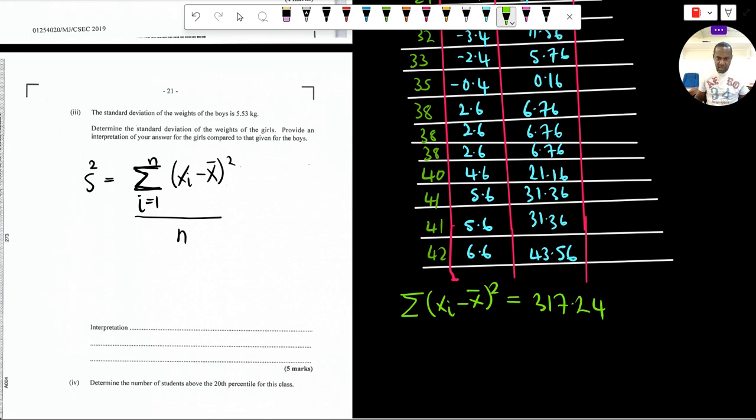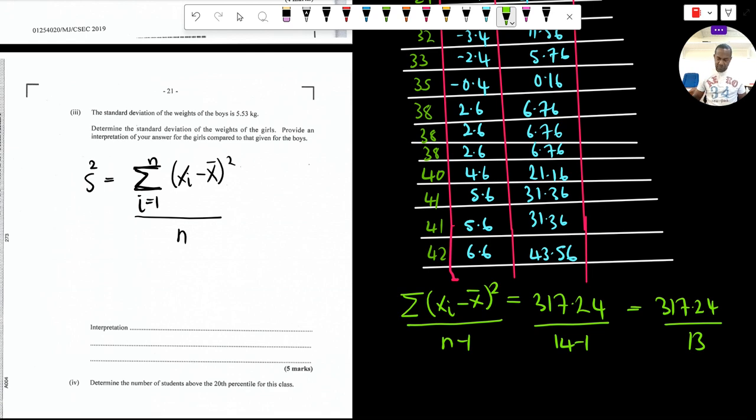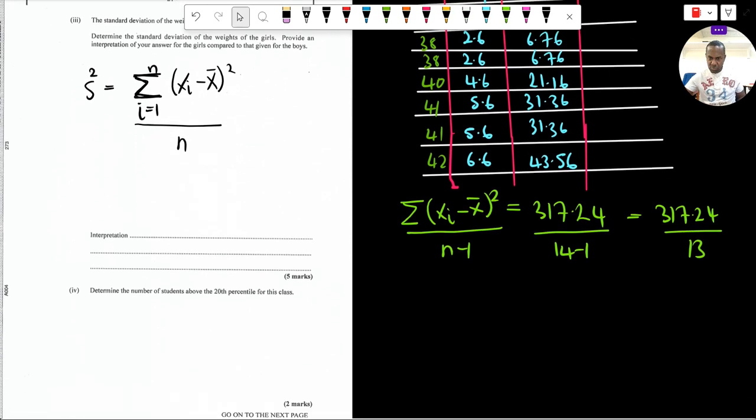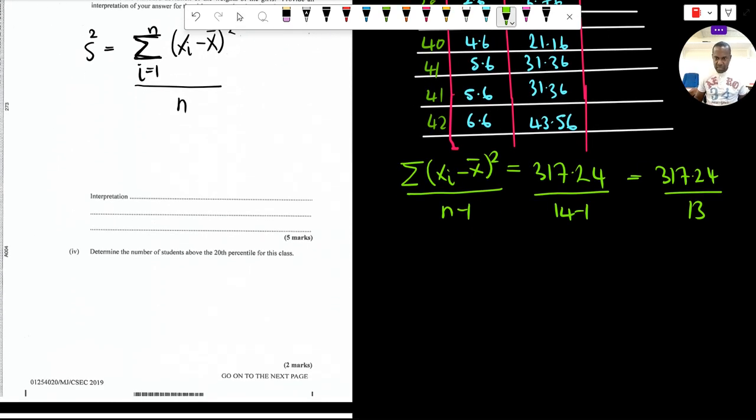And we can therefore say that this over n minus 1 is going to be 317.24 divided by 14 minus 1, which is 317.24 divided by 13. This gives us 24.40. I think I may have made a little mistake. The first time I did this calculation, I got about 25.1.